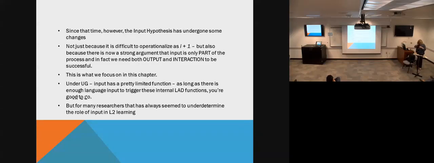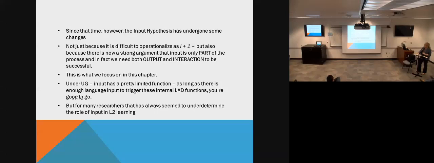Since that time, the input hypothesis has gone through some changes. One of the changes is because when we looked at Krashen's model, when you did your midterm, you talked about the fact that the big problem with Krashen is these are not testable hypotheses, and particularly I+1 was a problematic thing to operationalize.